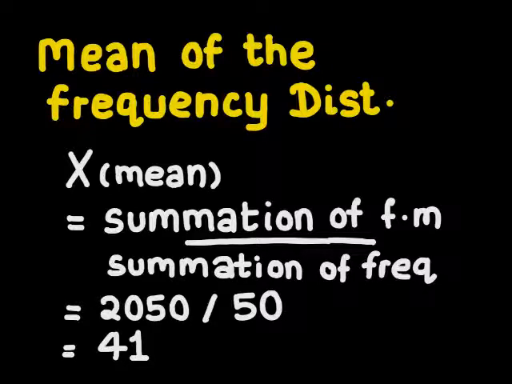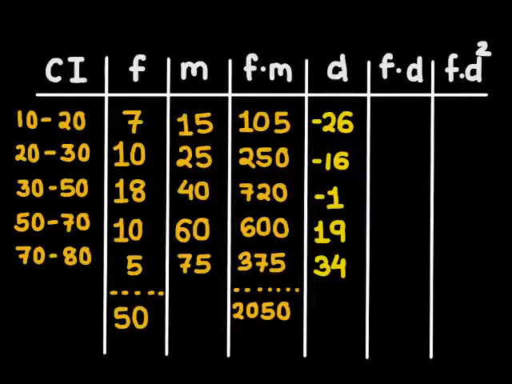So this can be expressed as 2050 over 50, which comes to 41. Now let us fill up the fifth column in the data table for deviations.